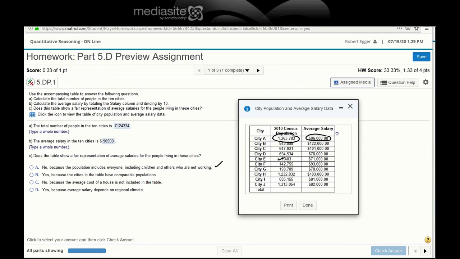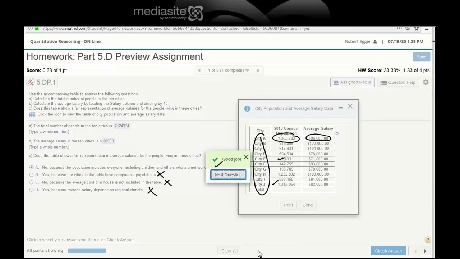Well, 7,000 compared to 1.3 million, I say no. No, because the average cost of a house is not included in the table? Well, what's that got to do with average salary? And yes, because average salary depends on regional climate? Well, that may be true, but I really don't know what the climate is to make that determination. So I think by process of elimination, I would go with A. Logic works many times.